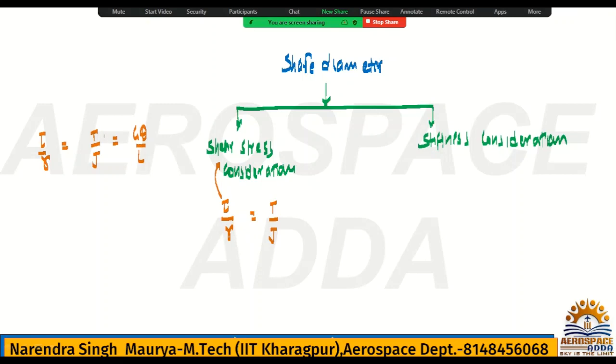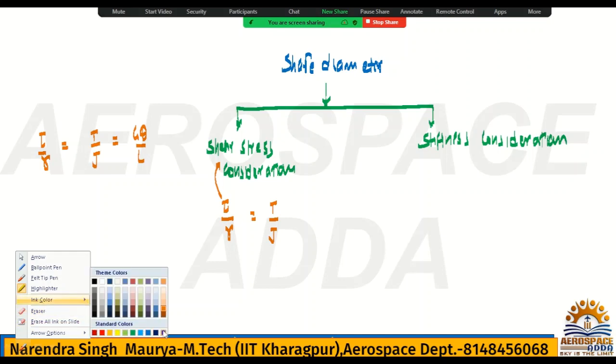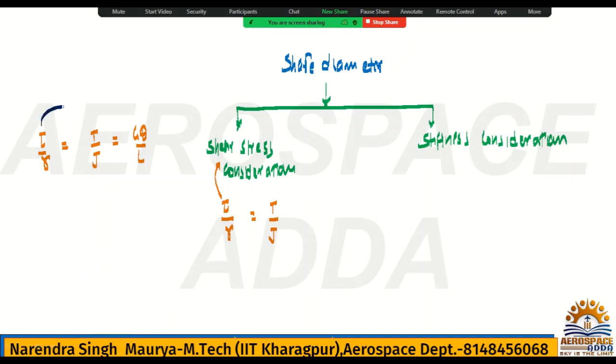Similarly, if you use the other formula, T by J is equal to G theta by L, in this case also you will get diameter because you have the polar moment of inertia.